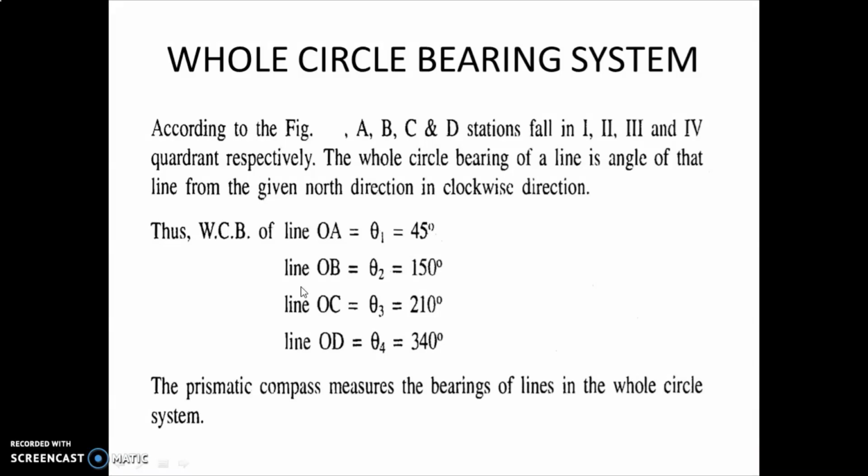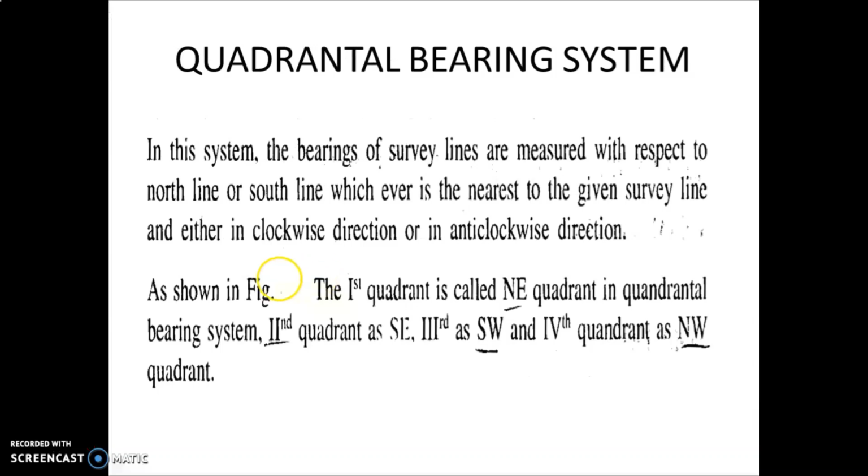In the quadrantal bearing system, the bearing of a survey line is measured with respect to the north line or south line, whichever is nearest to the given survey line, and either in clockwise or anti-clockwise direction.